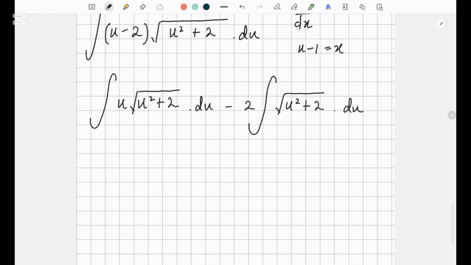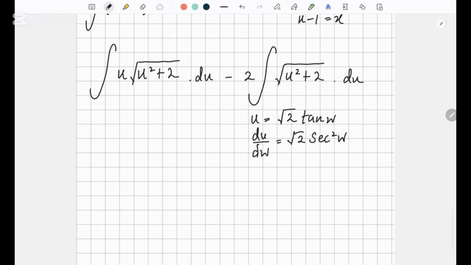Okay, so let me go on to the integration we have on the right side, because that's going to be a bit more complex than the one we have on the left side. So for the one on the right, I'm going to take a substitution of u equals root 2 into tan w. Okay, so du over dw equals root 2 sec squared w, right?